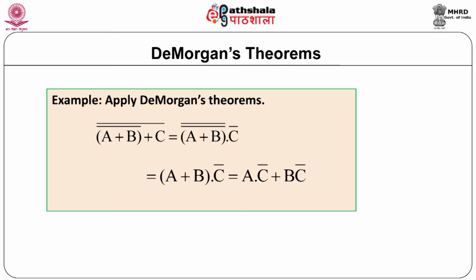We have a term on the left hand side consisting of three variables A, B, C as shown here.